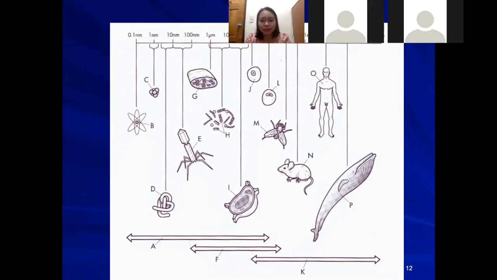organisms lined up. So as you can see here, the smallest is 0.1. I'm not sure about the nm. How about you?